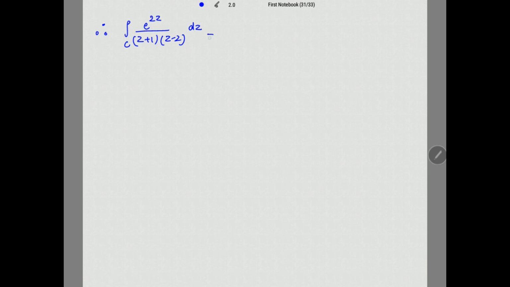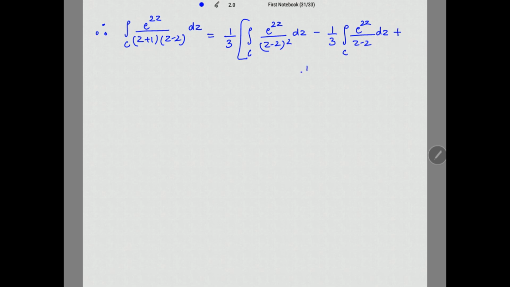Now this is equal to 1/3 integral over C of e^(2z) over (z minus 2) whole square dz, minus 1/3 integral of e^(2z) over (z minus 2) dz, plus 1/3 integral over C of e^(2z) over (z plus 1) dz.